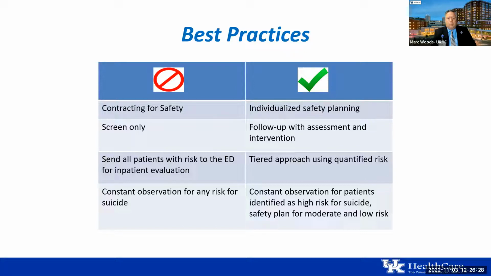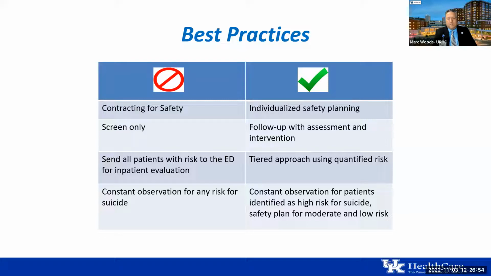But this slide, we wanted to capture some of the best practices around suicide. For many of us that have been in the behavioral health world for a long time, some of these things on the left-hand side, things we no longer do or no longer think are best practices, we'll be very familiar with. So things like contracting for safety. Many of us can remember back in the day when that's what we did with patients that were suicidal.